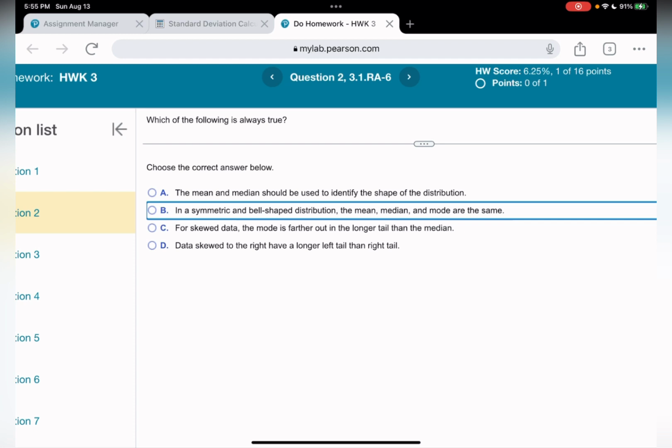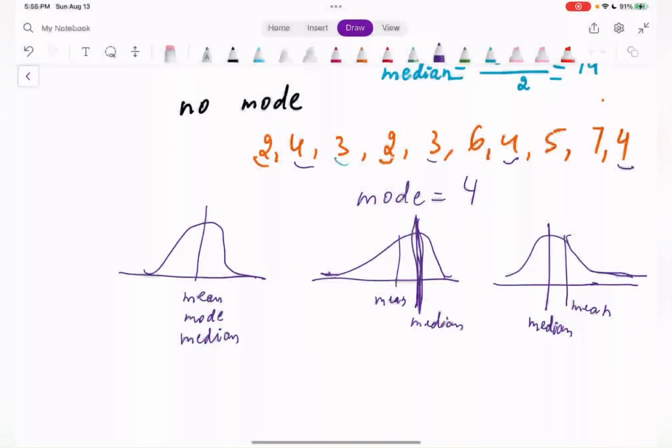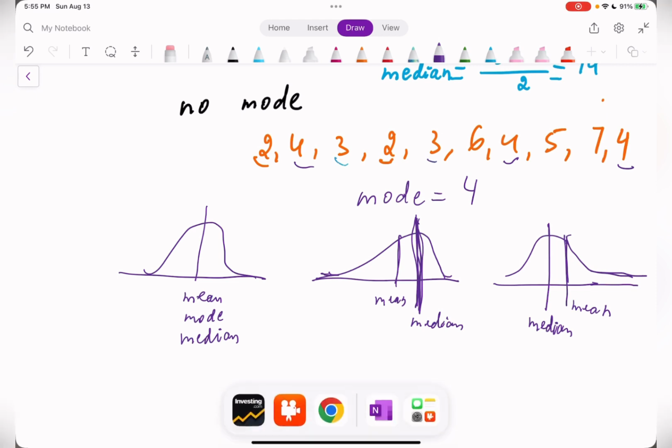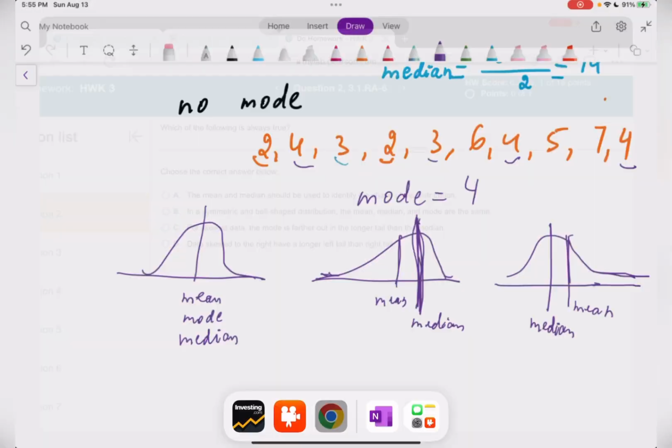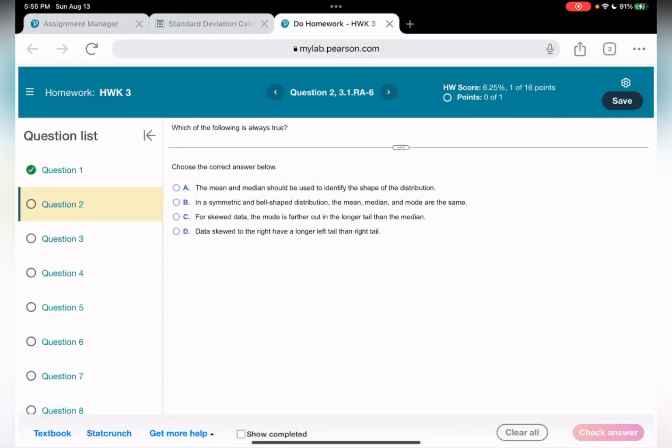Yes, if the mean is less than the median, then you have skewed to the left, right? Look here. If the mean is less than median, then we have skewed to the left. If mean is greater than median, then we have skewed to the right. Let's read the other answers. Maybe we can find the best answer.